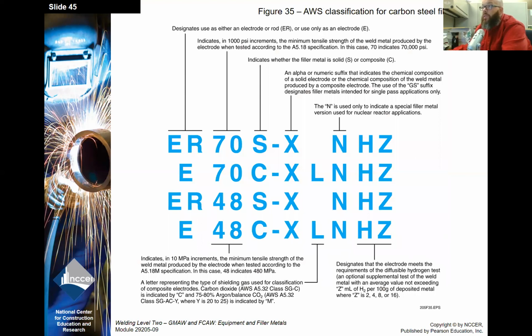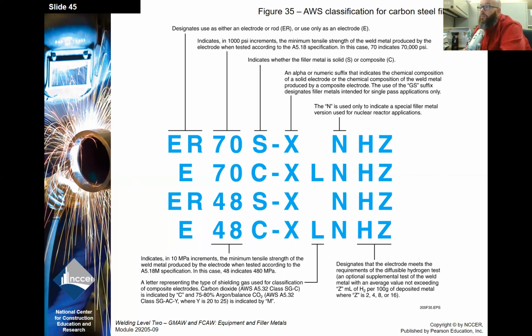Okay, AWS classification for filler metal. It's really similar to what we did with the electrodes. ER or E designates an electrode or rod for ER, or use only as an electrode with an E. The 70, or the two numbers listed, are tensile strength in 1,000 psi increments.